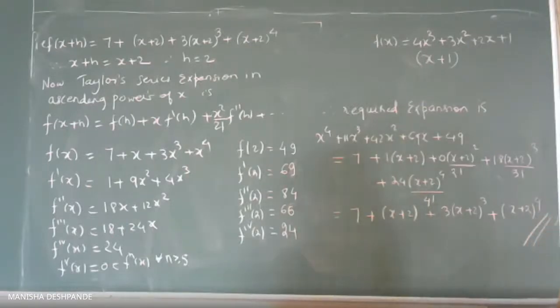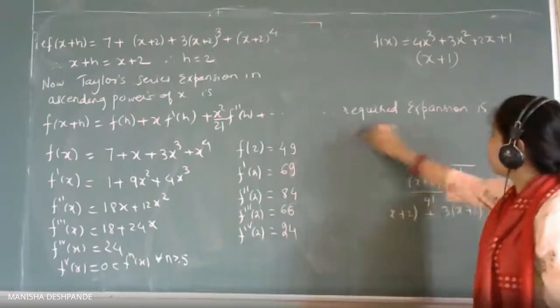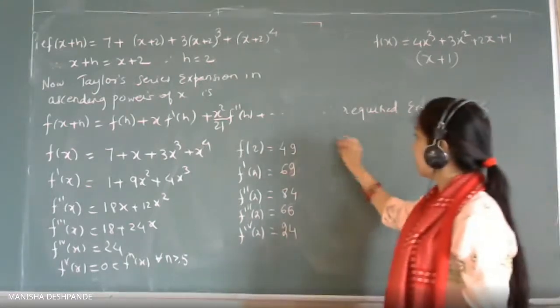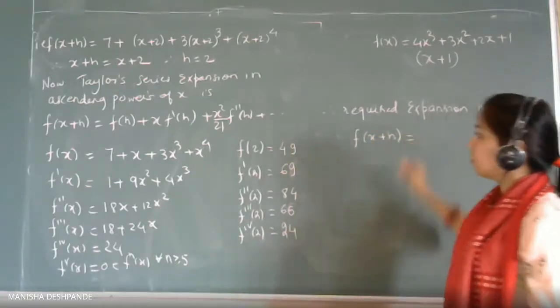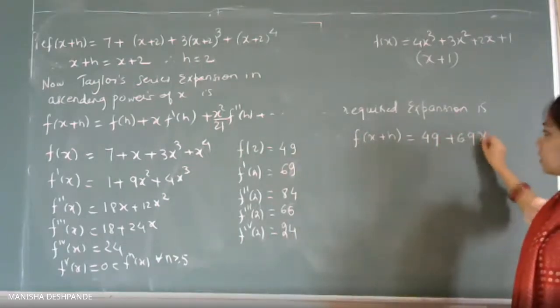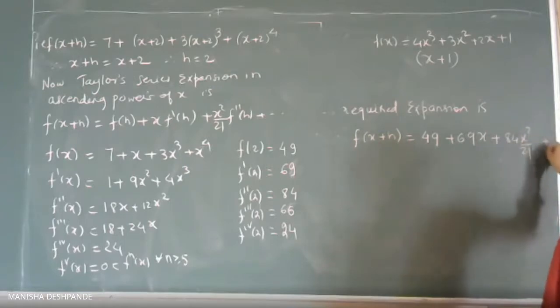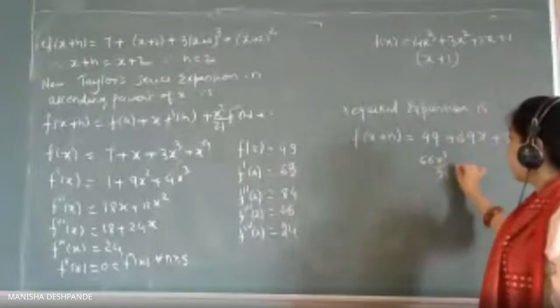Okay, and therefore your final answer will be: the required expansion is f of x plus h is equal to 49 plus 69x plus 84 x square by 2 factorial plus 66 x cube by 3 factorial plus 24 x raised to 4 by 4 factorial.